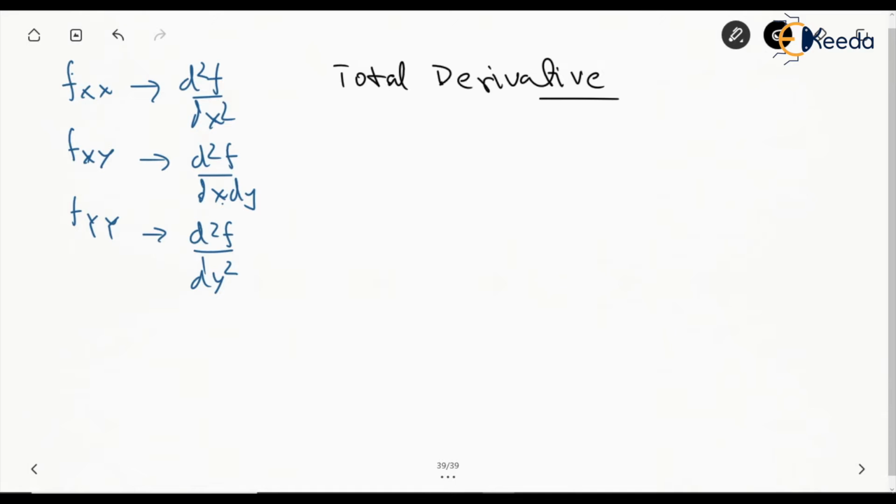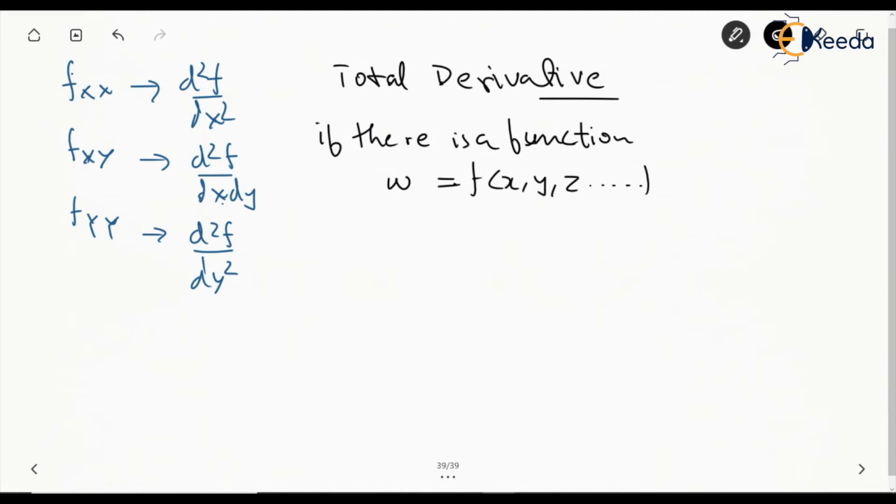That is, let's say we have a function w of the variables x, y, z and so on, and it is also continuous, having partial derivatives.